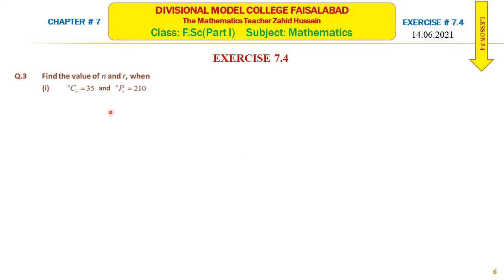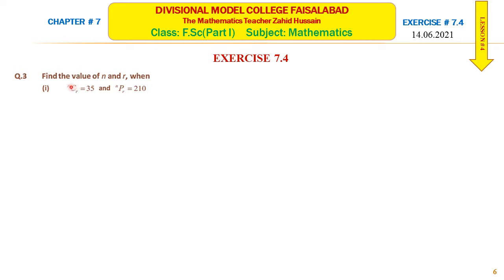Question number 3, you are asked to find the value of n and r when these two equations are given. Using these two equations, we will find the value of n and r. We know that when we need to find the value of two unknowns, we need two equations, and we will solve those equations simultaneously.